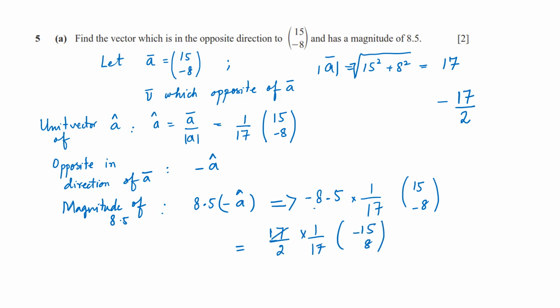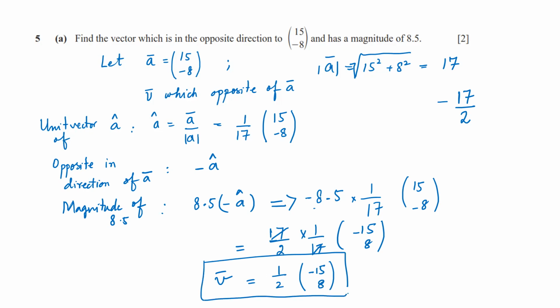The 17 cancels. So this vector V is equal to 1 by 2 times (minus 15, 8). This is a vector in the opposite direction of the given vector (15, minus 8), and the magnitude of this vector will be equal to 8.5.